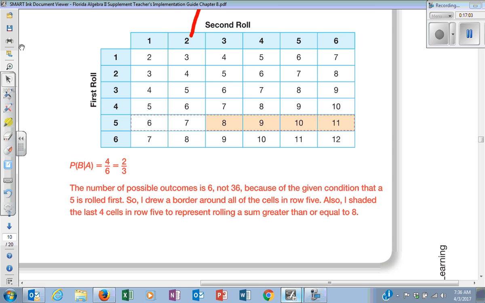Is the probability of B the same thing as probability of B given A? No. So are these events independent of each other? No, they're not. Why? Once I told you that A happened, what happened to your chances of rolling an 8 or higher?